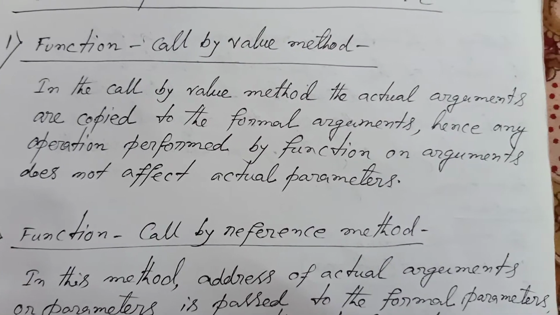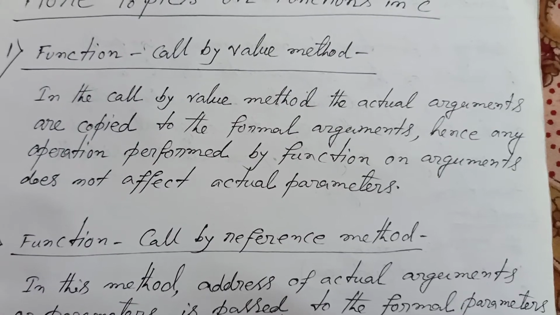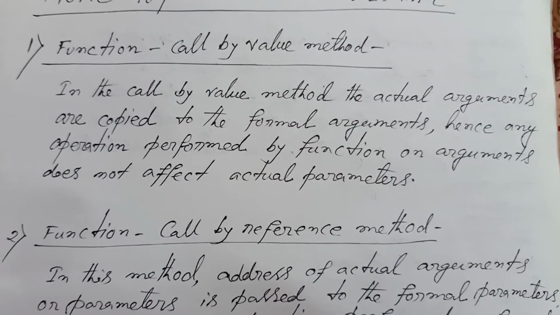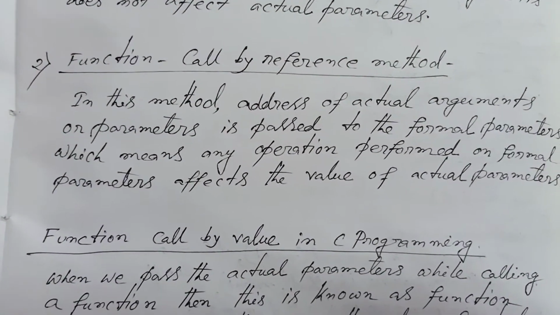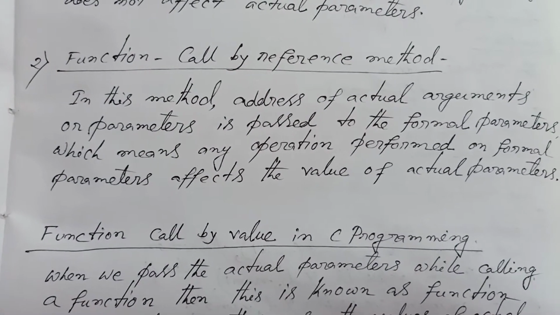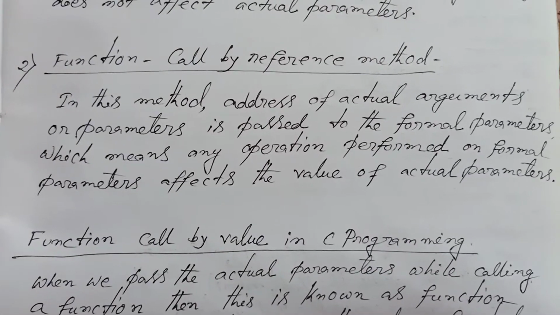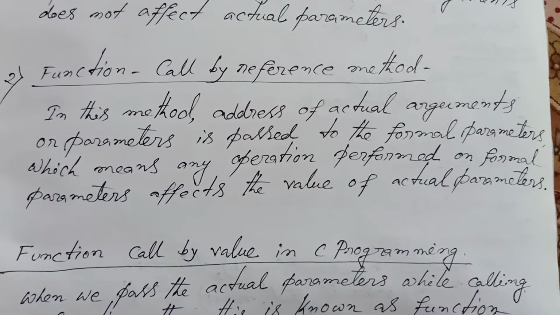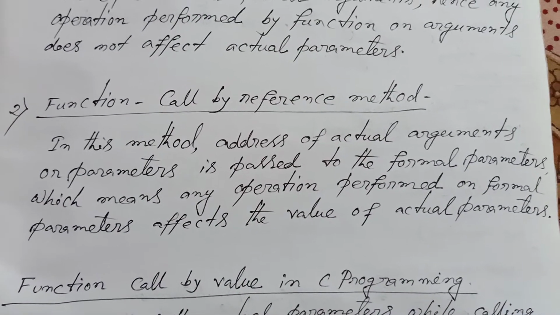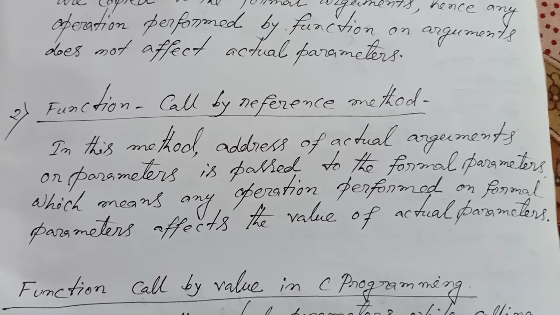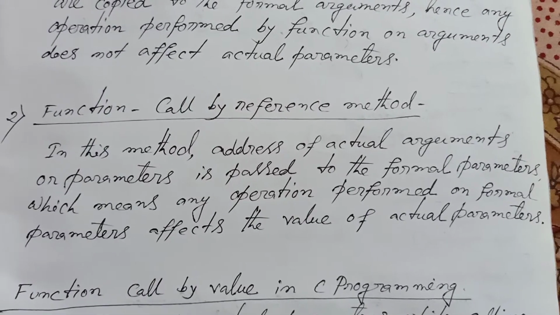That means actual arguments are copied to the formal arguments. And what is the call by reference method? In this method, the address of actual arguments or parameters is passed to the formal parameters, which means any operation performed on formal parameters affects the value of actual parameters.